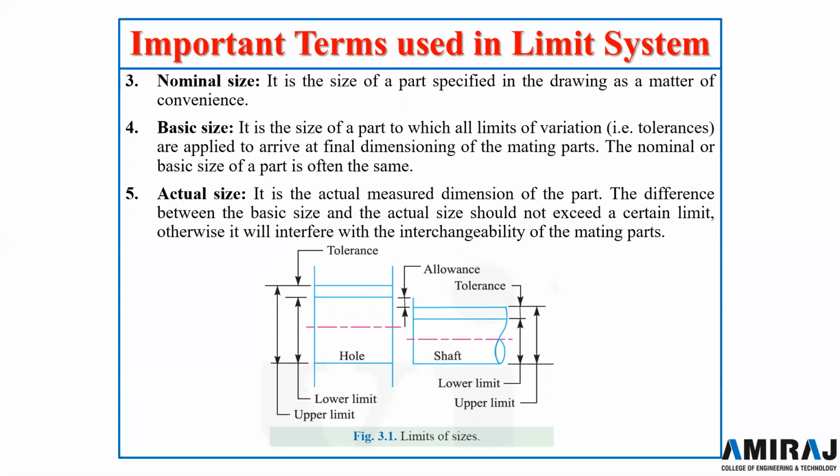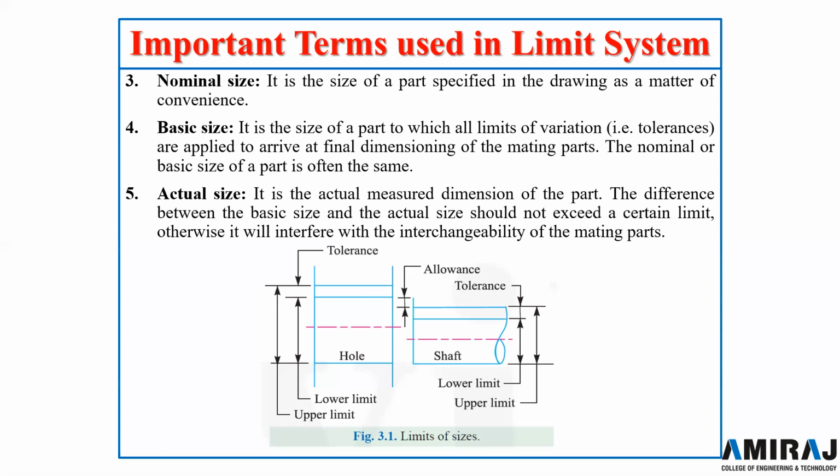The basic size is the size of a part to which all the limits of variation, which means the tolerances, are applied to arrive at the final dimensioning of matching parts.